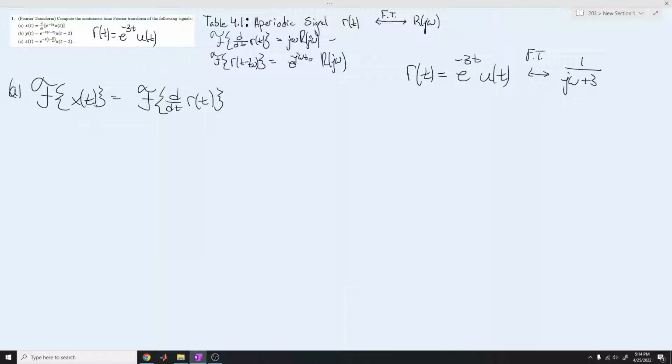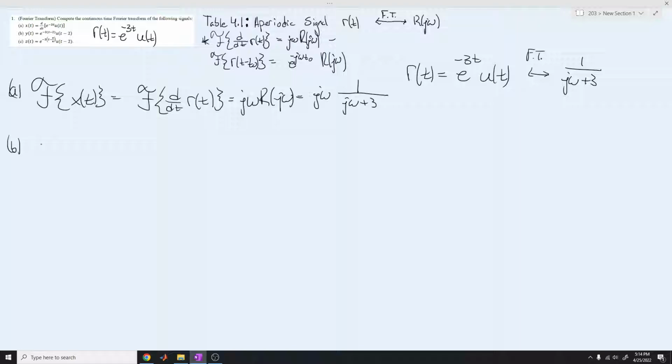And now we want the Fourier transform of x of t. Well, that's the same as the Fourier transform of the time derivative of r of t. And using this property, that tells us that it is going to be j omega times big R of j omega, which is equal to j omega times 1 over j omega plus 3. And there's the first one.